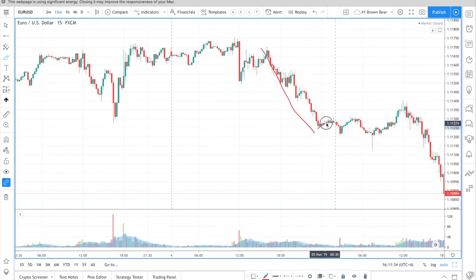This is not a reason for the buyers to come in. This right here is not a reason for the buyers to come in. Okay, look at that. It's barely crossing anything. I want to see people panicking out of the sells and saying, oh my goodness, it's a buy.